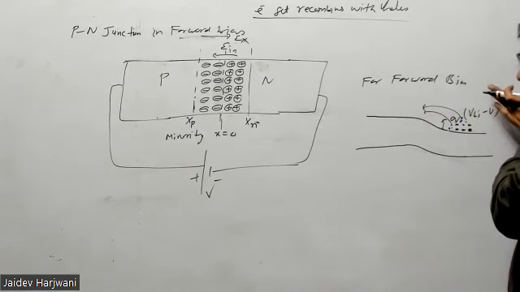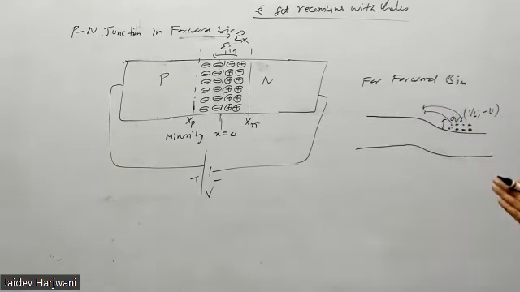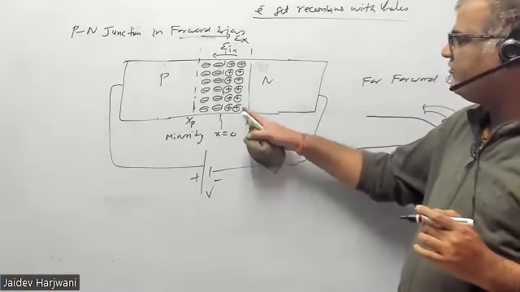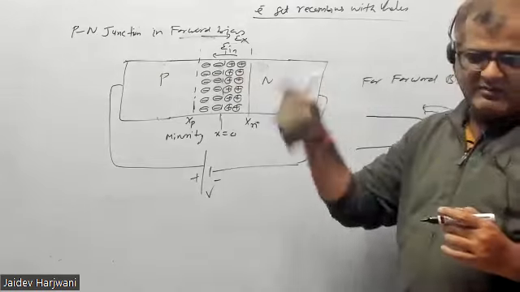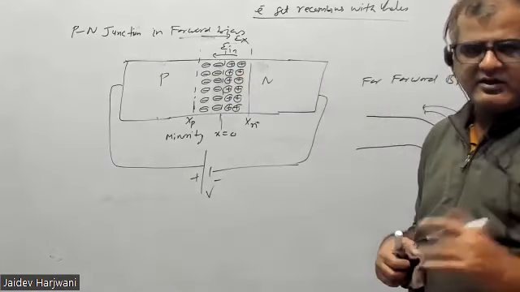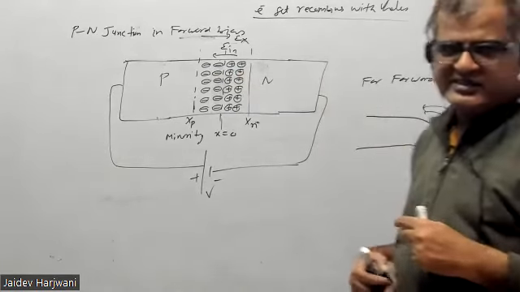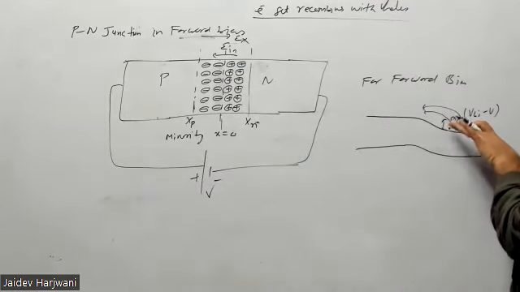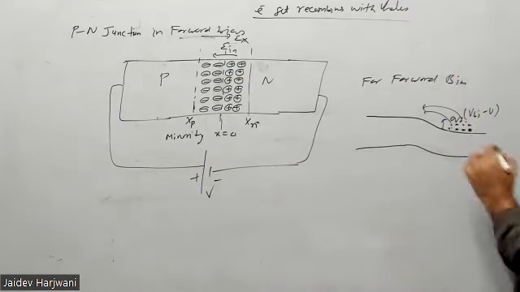Then diffusion will start dominating. So when I'm applying forward bias, basically you're reducing this electric field. That means minority carrier movement is now decreasing, but the diffusion part is increasing because you have changed the width. So diffusion current takes place.